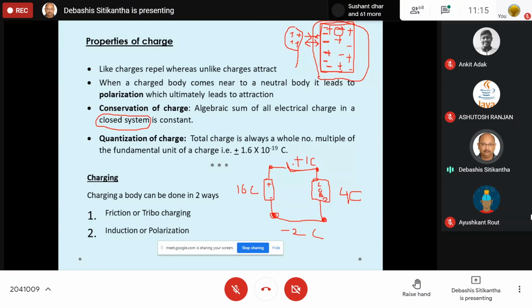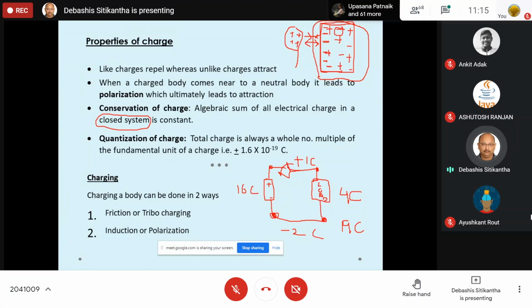Now the moment I close the switch, what is going to happen? The total amount of charge in this circuit is 16 plus 1, 17, 17 plus 4 is 21, minus 2. So 19 coulombs of positive charge is present in the closed system.